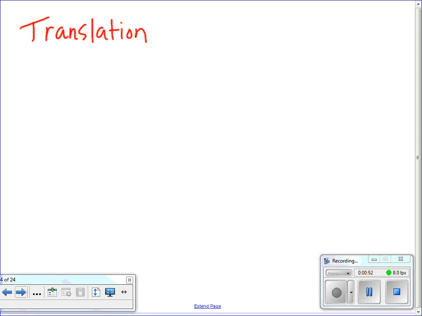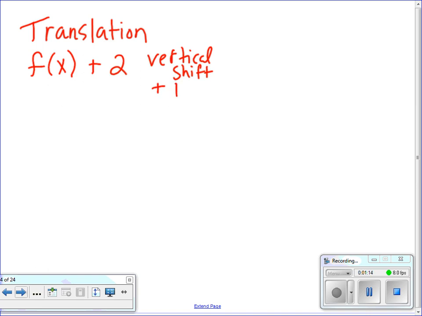Remember that we said if the number was on the outside, if you were adding or subtracting something on the outside, like subtracting 2, this was a vertical shift. If it was adding something, that was a shift up. And if you were subtracting something, that was a shift down.